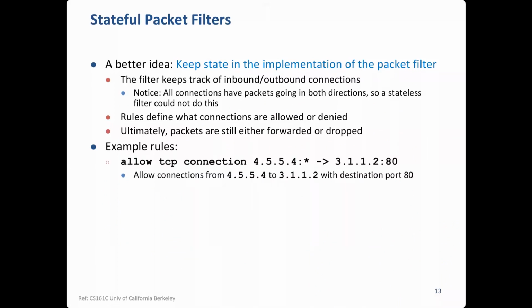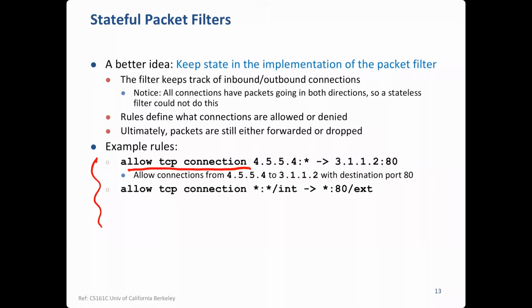So there can be very specific rules. For example, allow TCP connection from 4.5.5.4 to some other IP address at port 80. Or allow TCP connection which is an internal connection to the organization. INT represents an internal connection, for example, IIT Mandi campus. Star represents any machine, any port inside the organization with any IP address.